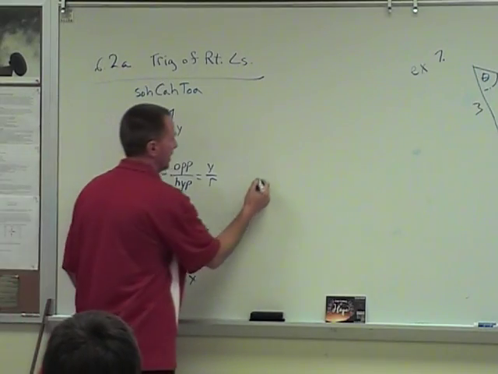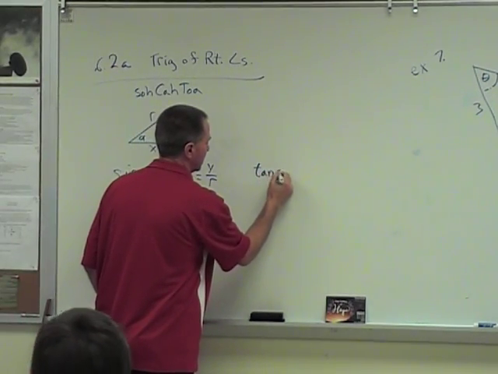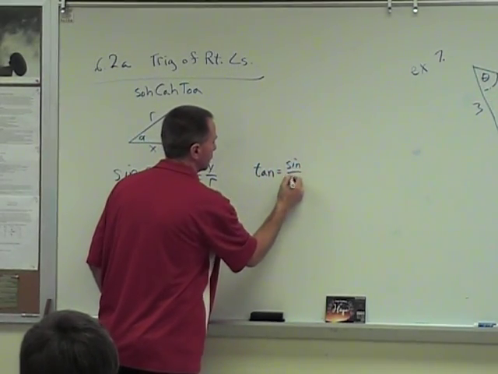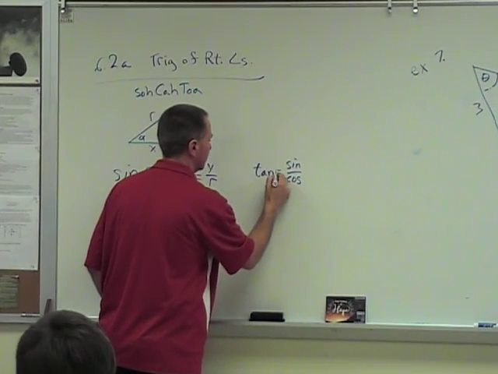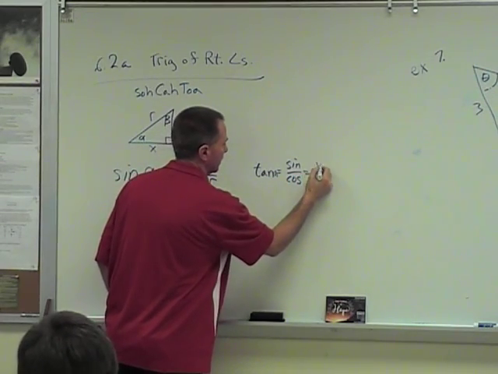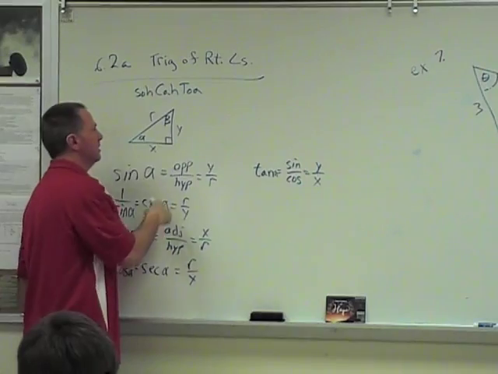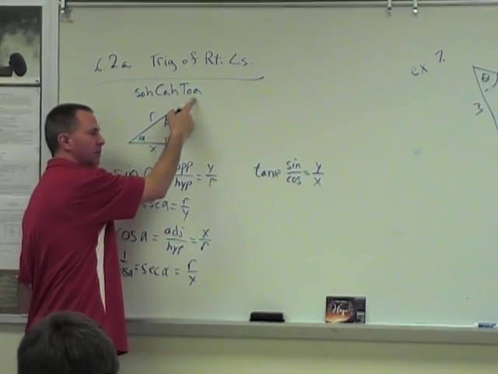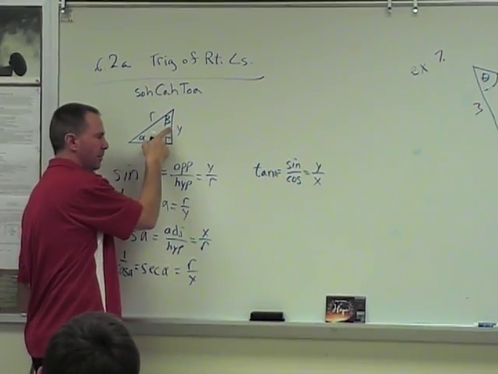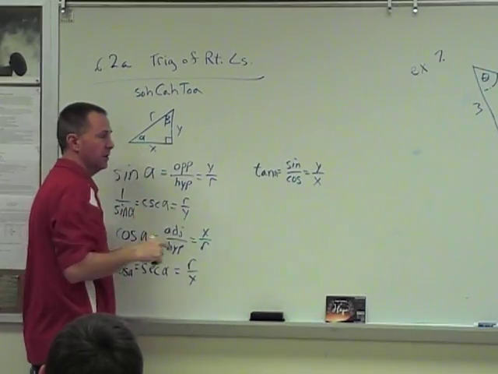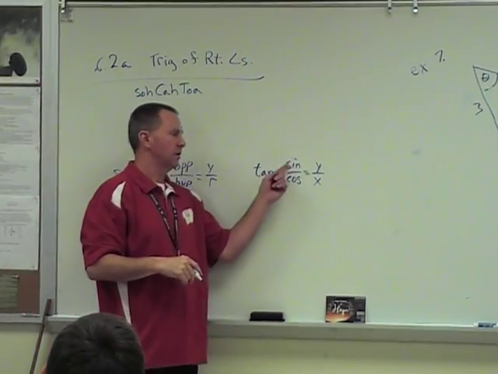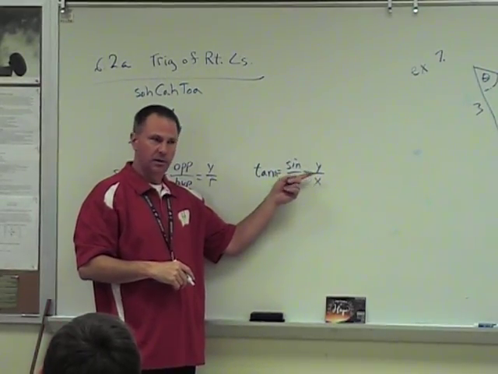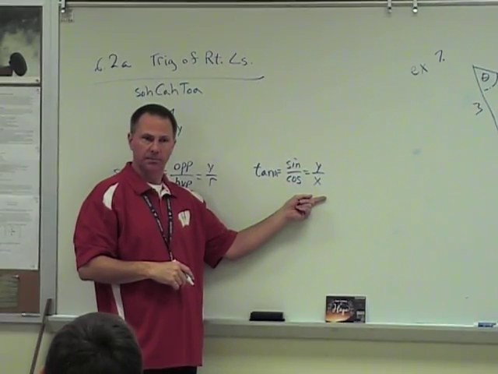So far you only need sine and cosine because you just take the reciprocals to get the cosecant and the secant. Tangent is the same thing as sine over cosine, because the tangent, we'll do alpha here, is y over x. The tangent is the opposite leg over the adjacent. From alpha, we go the opposite leg over the adjacent, y over x. And from our unit circle, the sine value is your y, and the cosine value is your x.